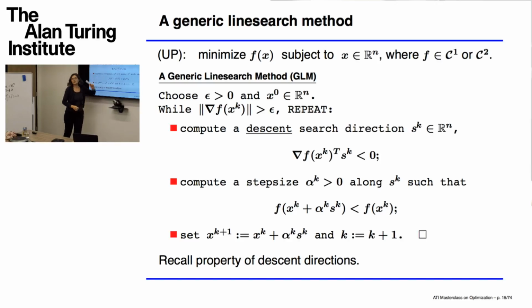So are these 2 steps compatible? Based on the lemma we've seen, if sk is a descent direction, then it's guaranteed that f will go down from xk along sk, provided alpha k is sufficiently small. So once I have an sk like this, there will be an alpha k, positive and sufficiently small, such that this is satisfied. So indeed, these 2 can be achieved because of the lemma that we've seen.